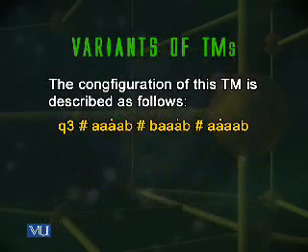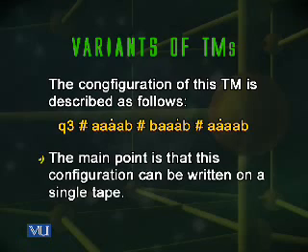I can write this configuration linearly as Q3 followed by a hash sign, followed by AA, followed by A with a dot, AB, followed by a hash sign, followed by BAA, then A with a dot, followed by a B, followed by a hash sign, followed by A with a dot, AB. Now the main point is that I can write this configuration linearly on a single tape.